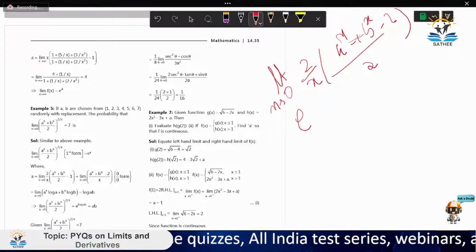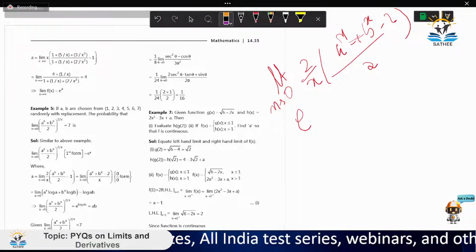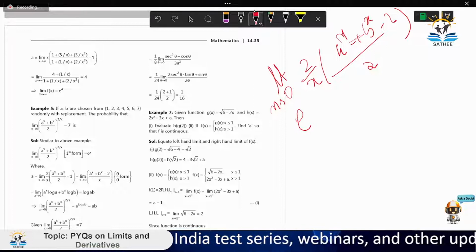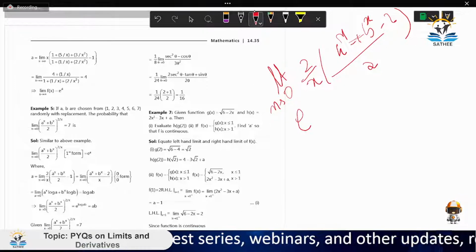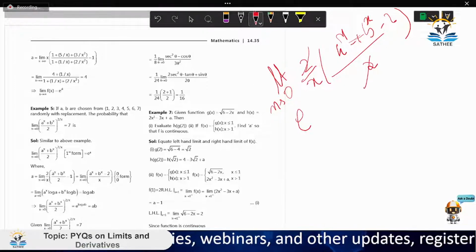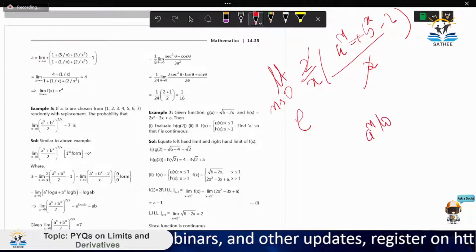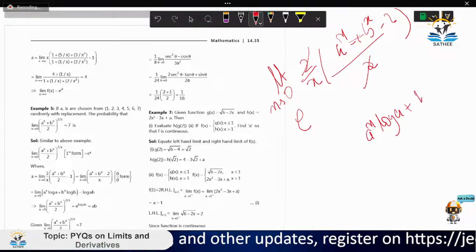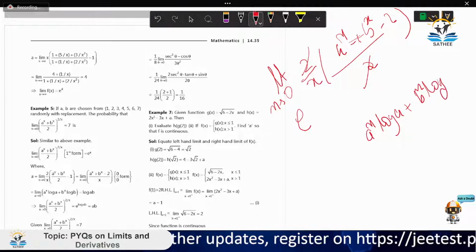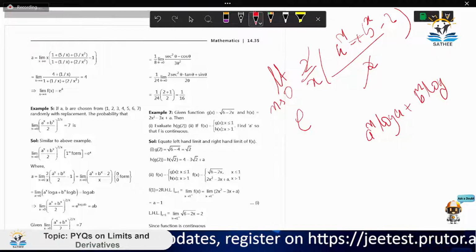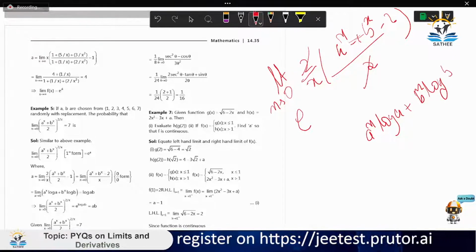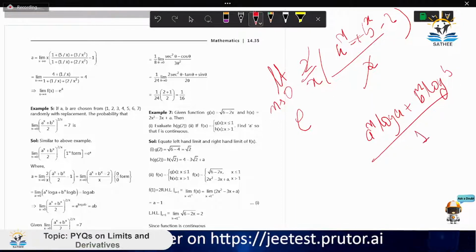And now on calculating this again, let's cancel the 2 and 2 here, and I'm left with ax log a plus bx log b. I'm just applying L'Hospital rule because it is very convenient to do so at this point.